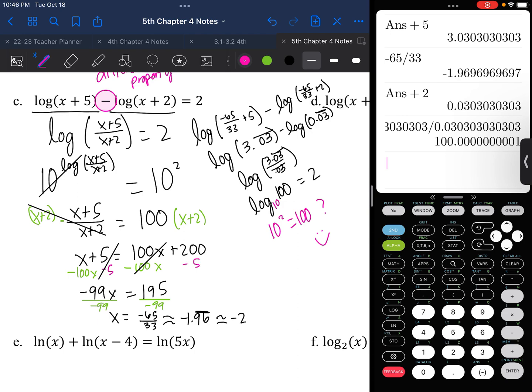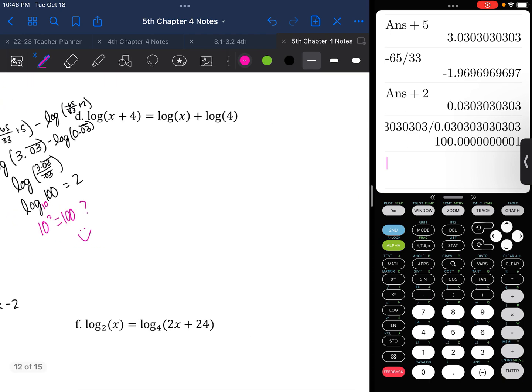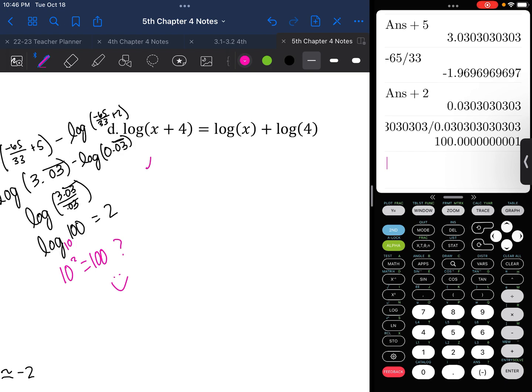Okay. So we're going to do a similar thing over here. We're going to simplify first. So we've got the log of x plus 4 equal to the log of 4x. And that's because of the sum property. Okay.